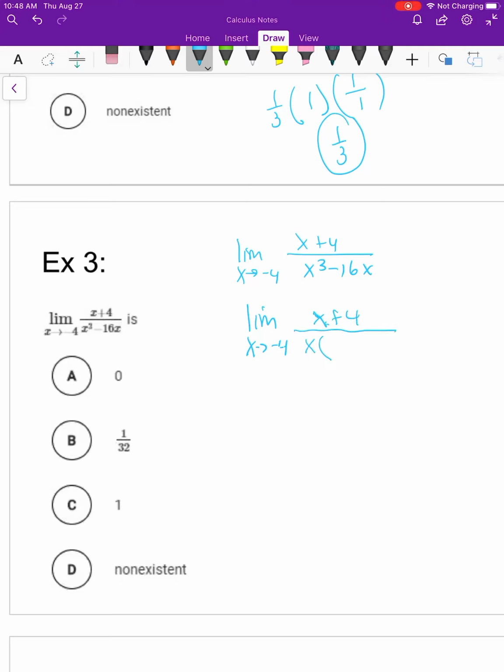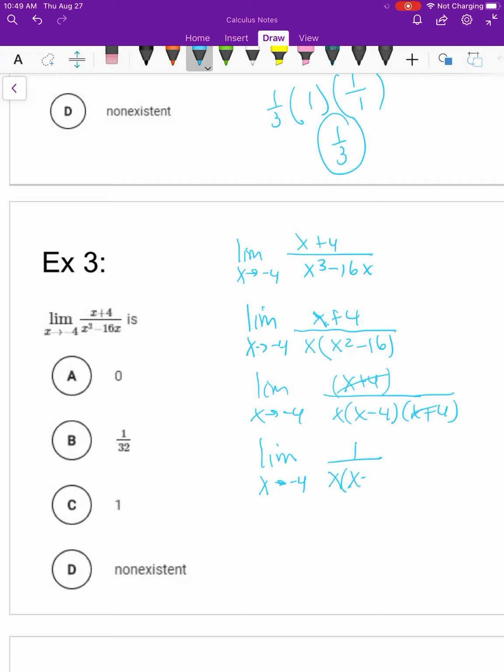So I'm going to factor an x out, and I'm left with x squared minus 16, which we know can be factored. And then our x plus 4s can cancel. So we're really looking at the limit as x goes to negative 4 of 1 over x times x minus 4.